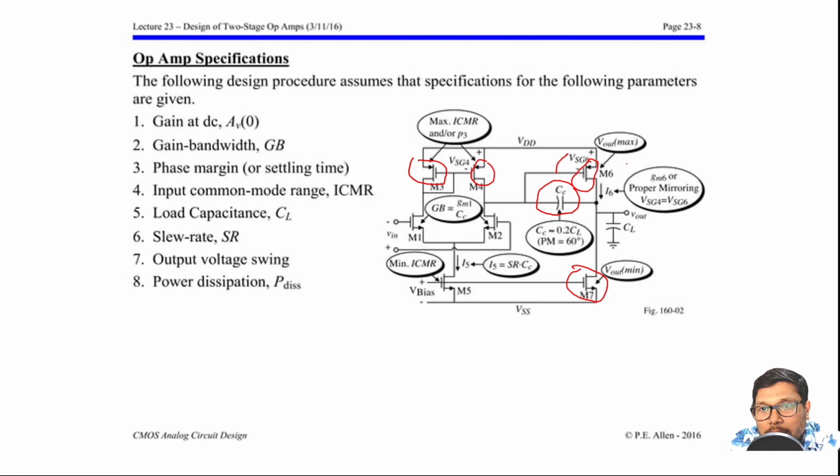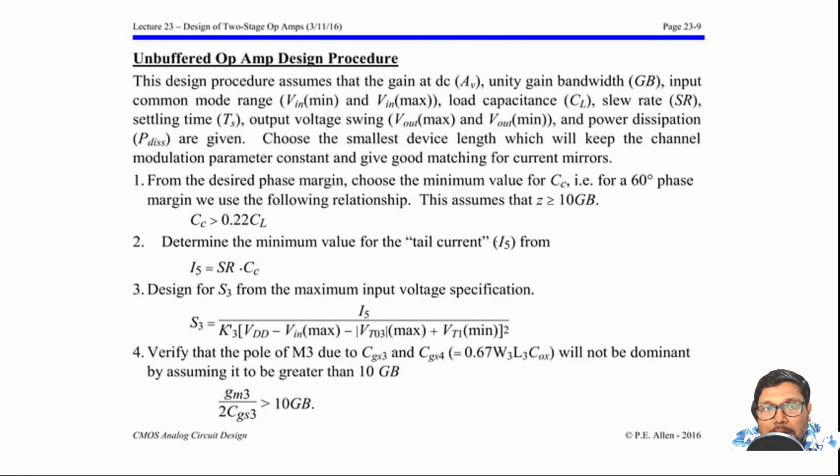Okay, means the saturation, so this needs to be in saturation, so the VDS of this one should be greater than or equal to VDS of this one to be in saturation, because these are in the current mirror stage. Okay, so again bandwidth depends upon the GM1, and that is how much faster a circuit you can have. So these are the relations.